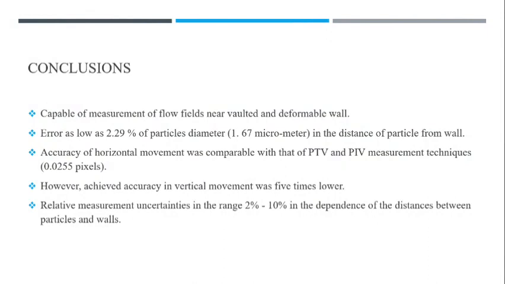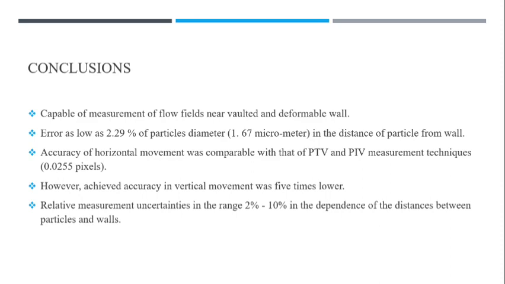Here are the conclusions. It is capable of measurement of flow fields near a walled and deformable wall. Error as low as 2.29% of particle diameter, 1.76 micrometer, in the distance of particle from wall.